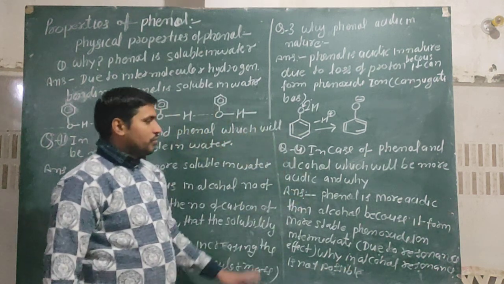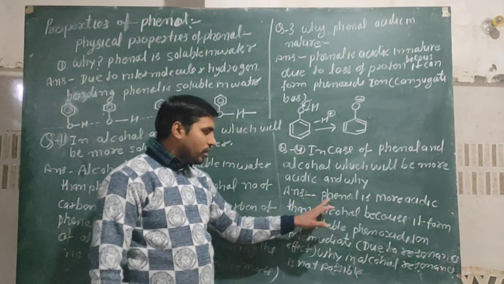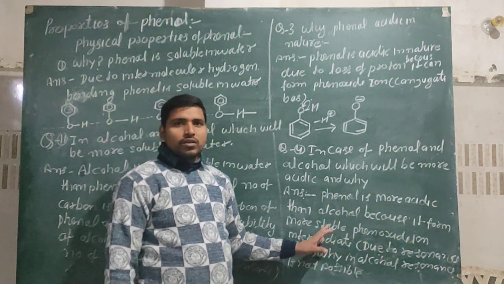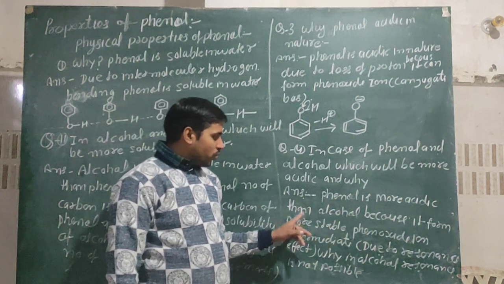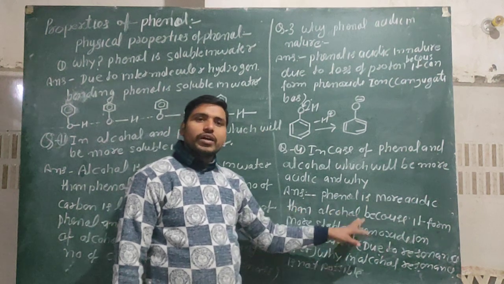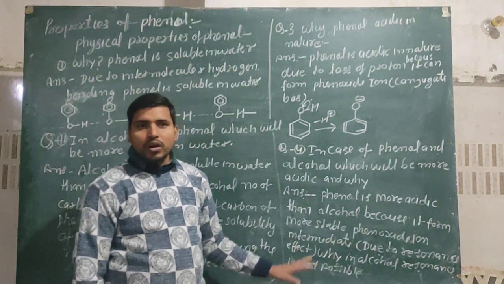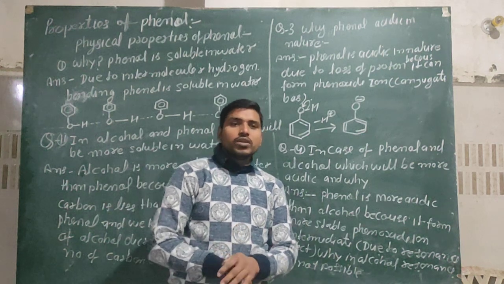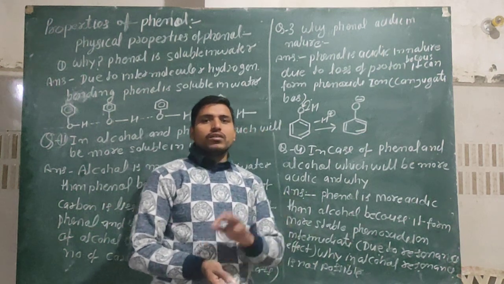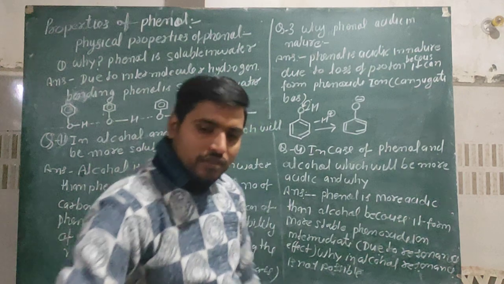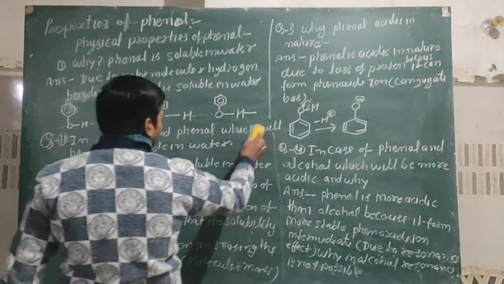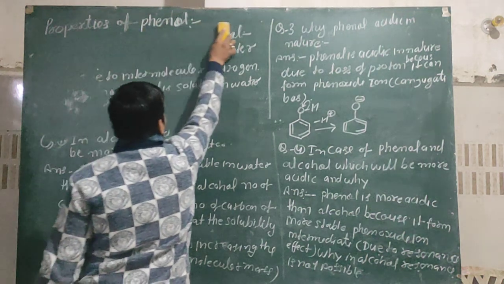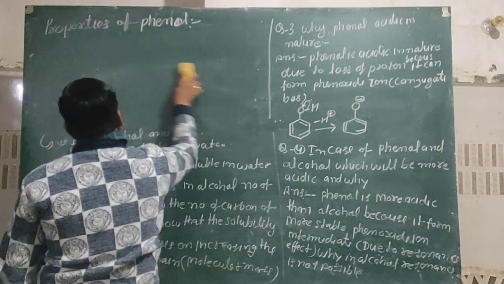Phenol is more acidic than alcohol because in case of phenol it forms a more stabilized phenoxide ion as compared to alcohol. Due to resonance effect, phenol can form phenoxide ion intermediate. You can see here how the phenoxide ion intermediate is more stable as compared to alcohol.